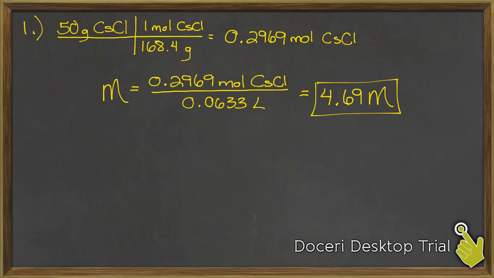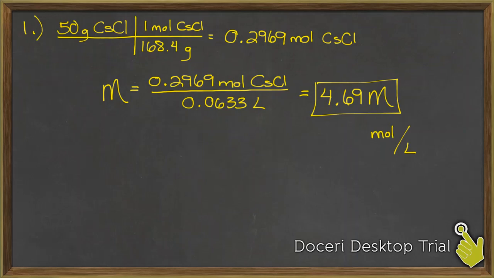What matters is the volume of the whole solution, which is what I put in the denominator there. And you can write your final units for molarity as a capital M, or you are always welcome to write your units for molarity just like this, moles per liter. That's okay too.